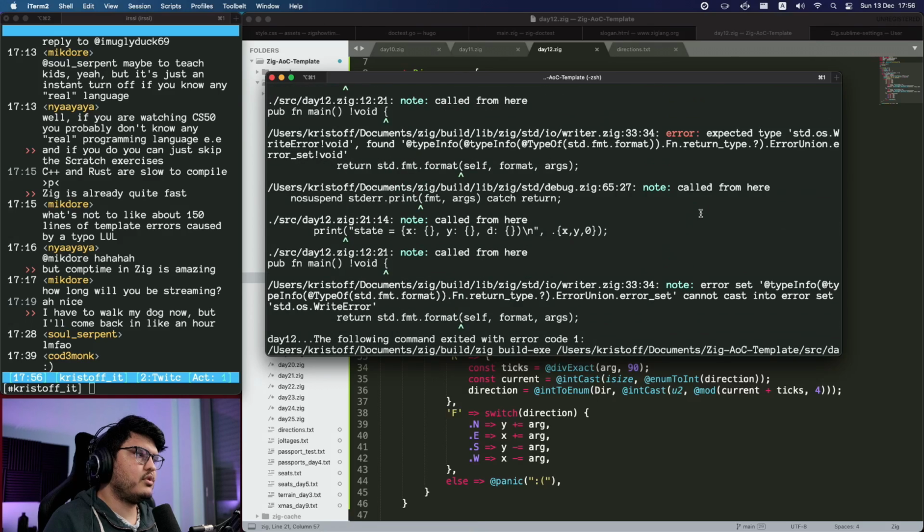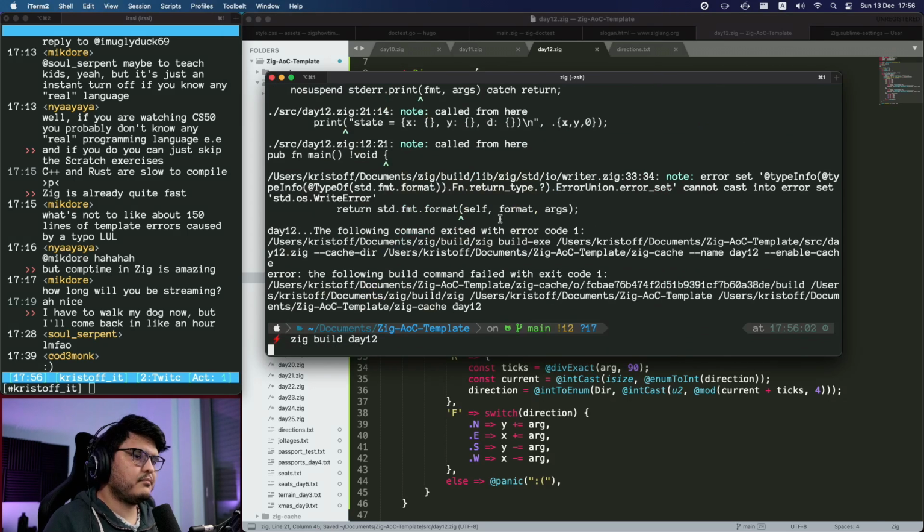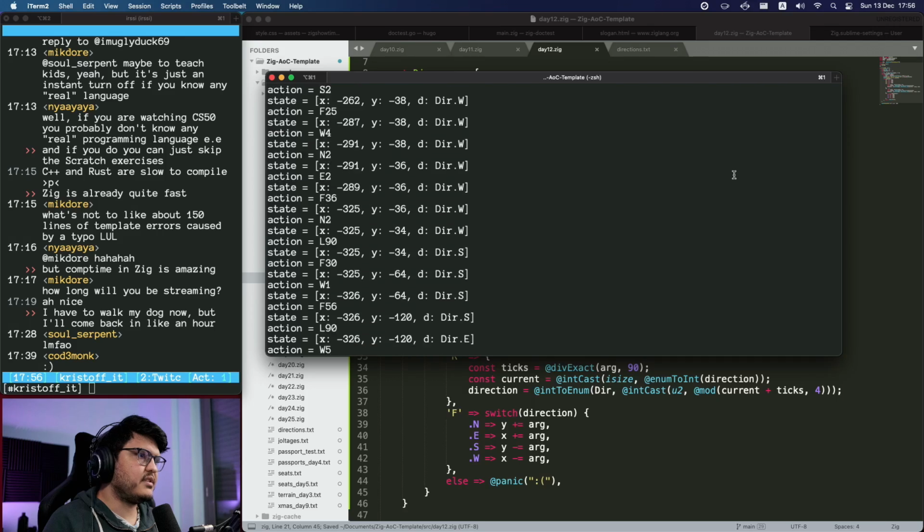No. Expected type, write error or void, found type info, blah blah blah, format. Okay, it's my fault. I think it's because I'm using this outer thingy. Let's use square brackets. Okay, so let's see.